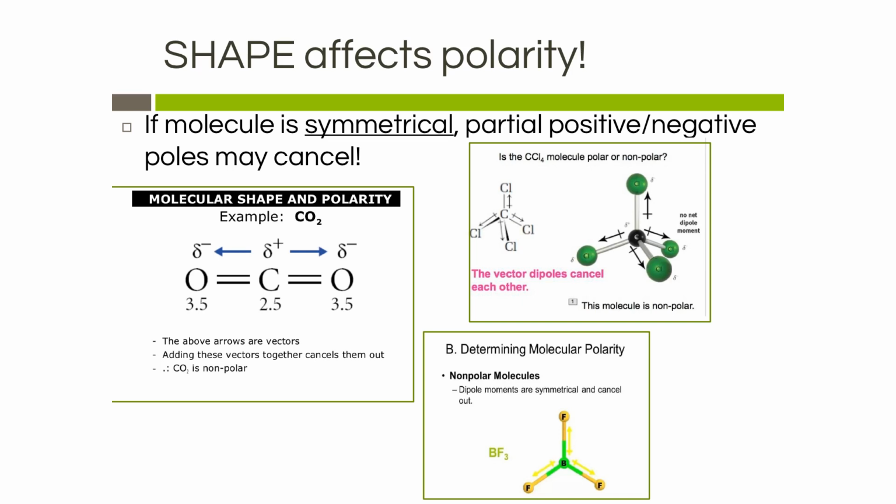So now we're going to combine our understanding of the VSEPR theory with polarity and look at the overall molecule's polarity. And you can see that if the molecule is symmetrical, you're going to have those negative charges on both sides, and that averages out to no overall dipole.